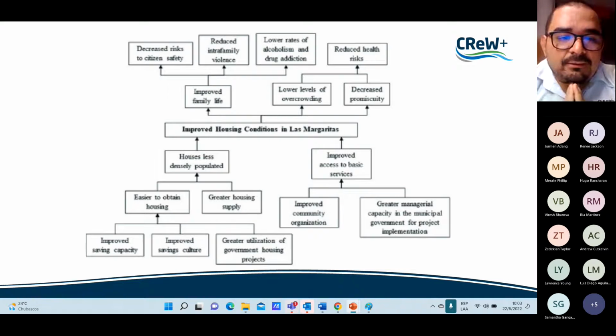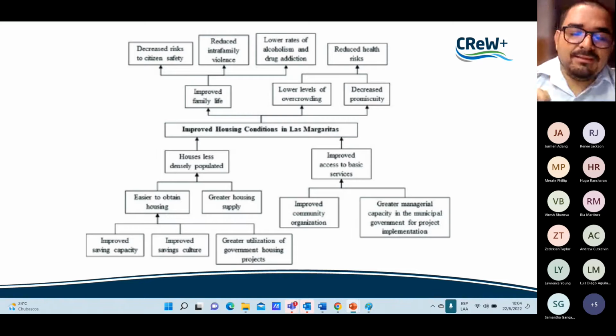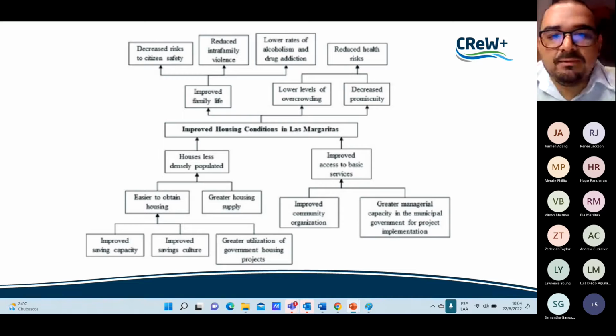Okay. Well, it's a very interesting question for me. The alcoholism, the interfamily violence, also the promiscuity, are caused by poor housing conditions, but also are caused by other problems. I think drug addiction may be an effect of poor housing conditions, but also maybe an effect of educational matters, employment, etc. So maybe we are solving here one problem of housing, but there are also other problems that cause alcoholism, drug addiction, health risks, and intrafamily violence.